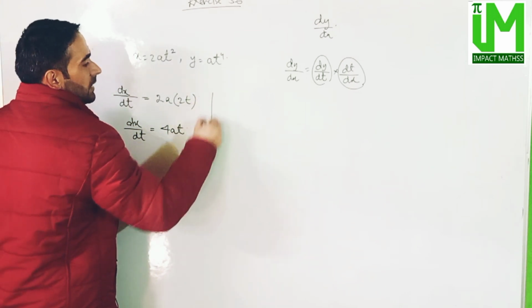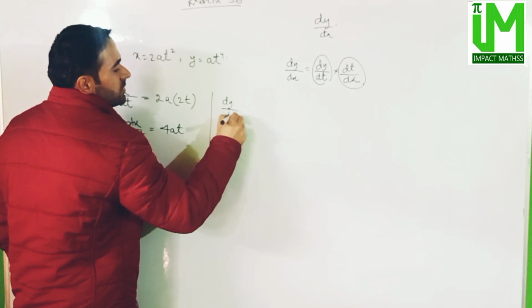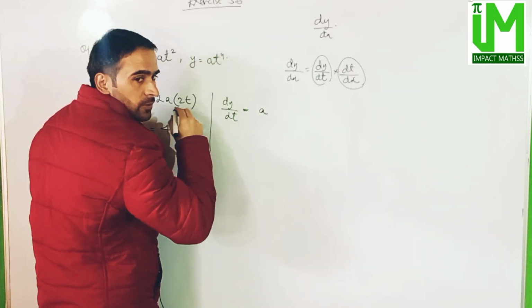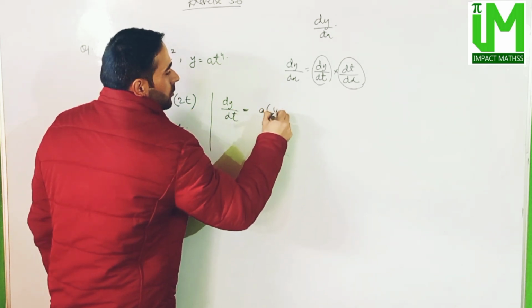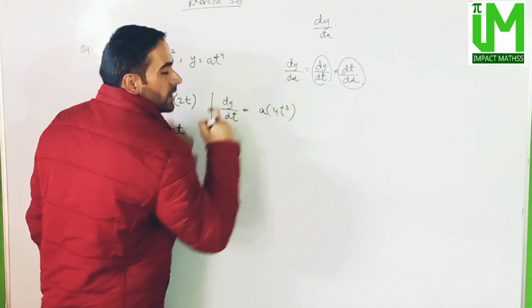And then we have dy divided by dt is equal to a as it is, and the derivative of t raised to power 4 is 4t cube. Now we have to find dy by dx.